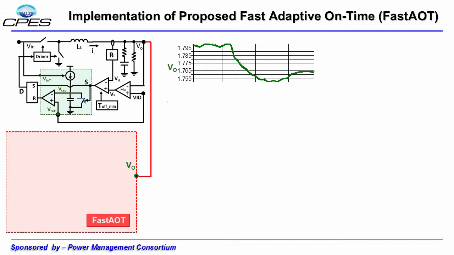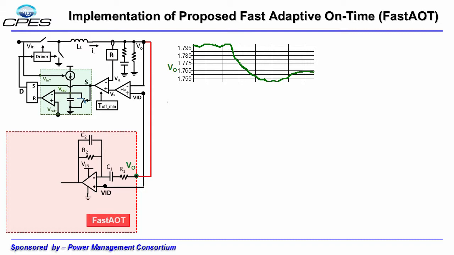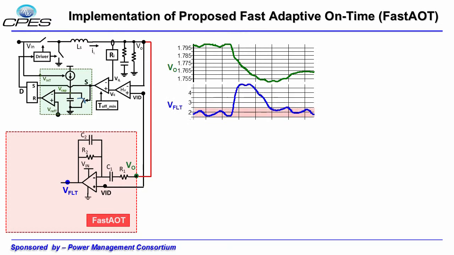The reference is added as a DC offset, and the bandpass filter passes only the high frequency part of the undershoot to the output VFLT.